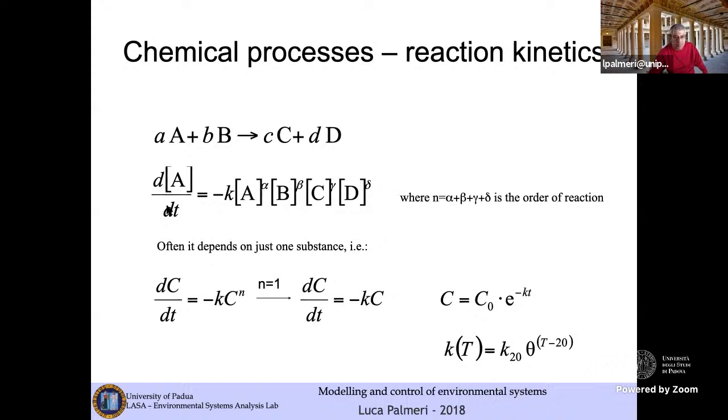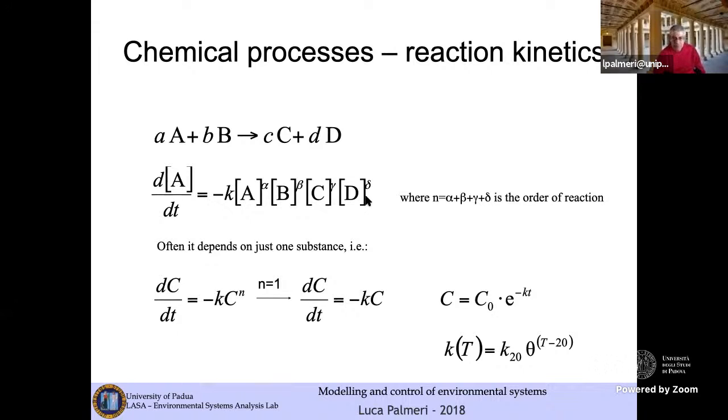So the variation in time of the starting chemical A is equal by convention to minus a constant K, called the constant of reaction or constant of chemical equilibrium, times the concentration of A elevated to a power alpha times the concentration of B elevated to a power beta times the concentration of C elevated to a power gamma times the concentration of D elevated to a power delta. This is called the law of mass action.